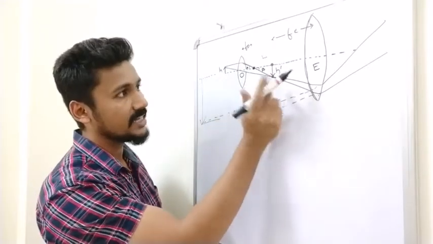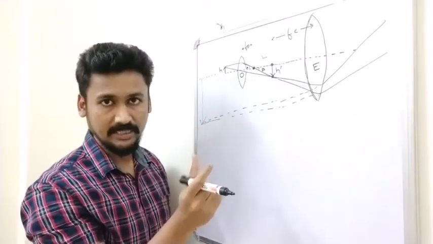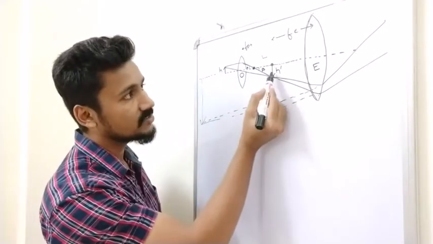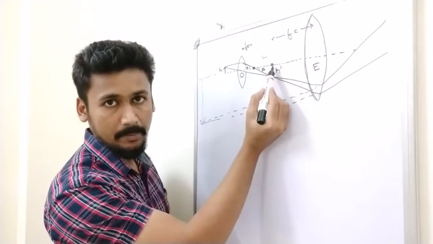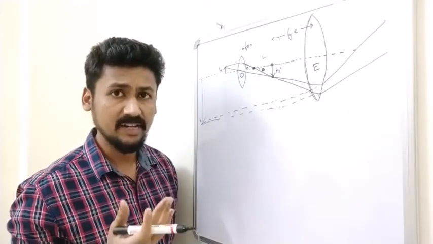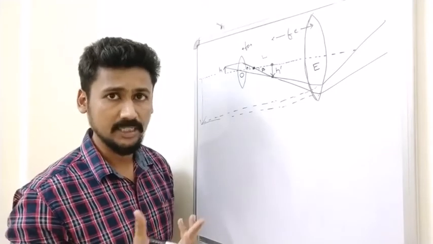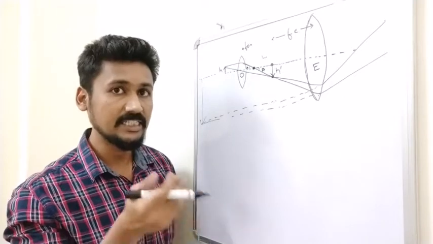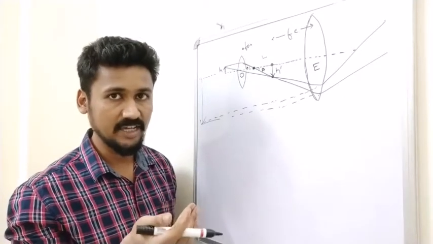Of course we can adjust the distance between the eyepiece and the objective to get a proper magnified image. If the image is formed exactly at the focal point of the eyepiece, it will be at infinity, which will be magnified, but it might not be so clear to see. So we try to form it at our distance of distinct vision, which is 25 centimeters.